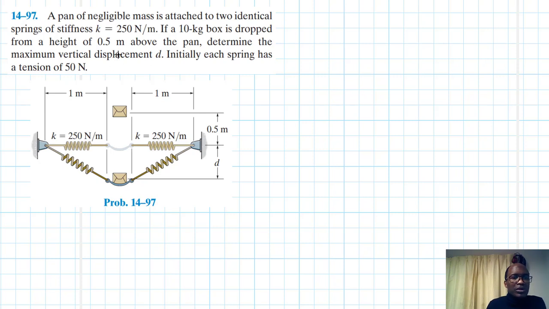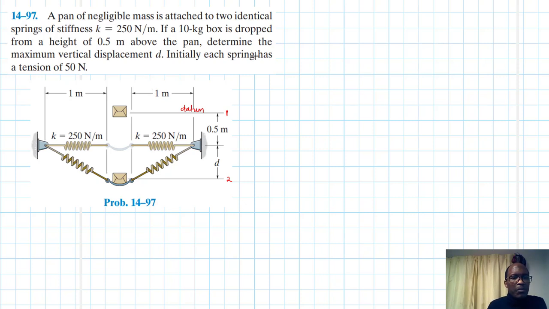So let's call this point our point 1 and this one point 2, and we call this the datum when it comes to calculating the gravitational potential energy.